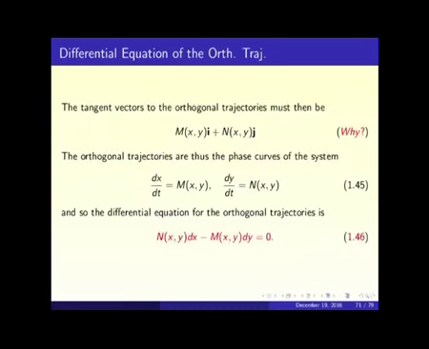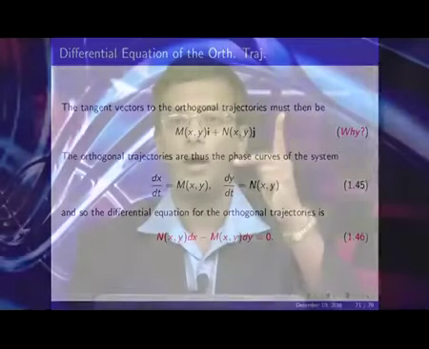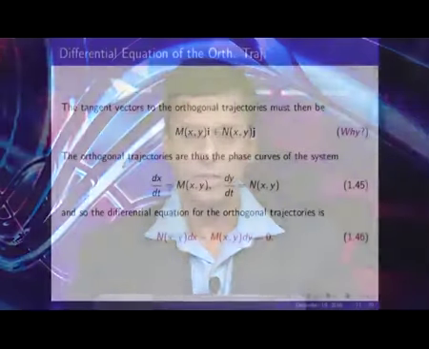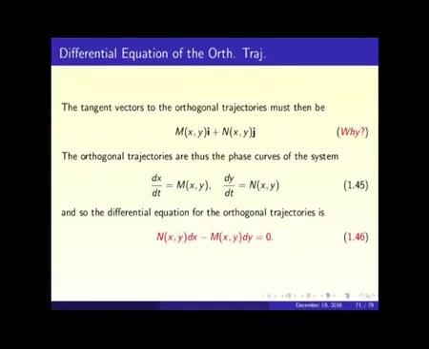And since orthogonal trajectories are orthogonal to the original ones, the tangent to the first becomes a normal to the second. So the tangent vectors to the orthogonal trajectories must be Mi plus Nj, because the tangents to the two systems are perpendicular to each other. The tangent to the first will be the normal to the other.